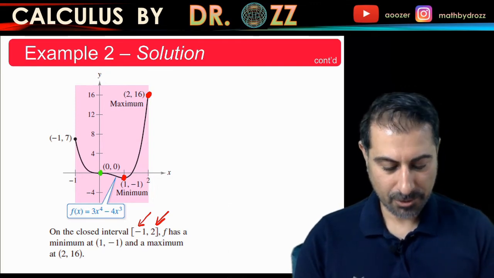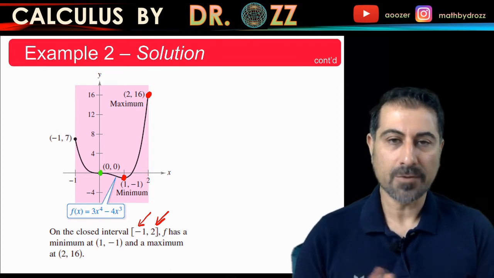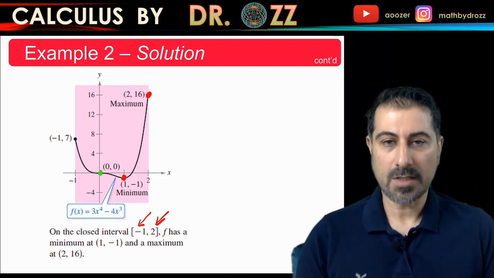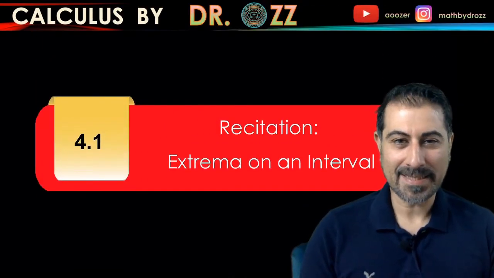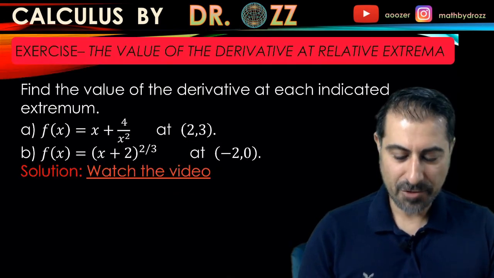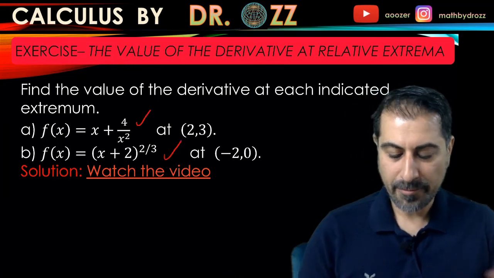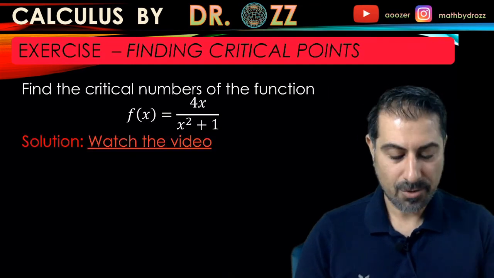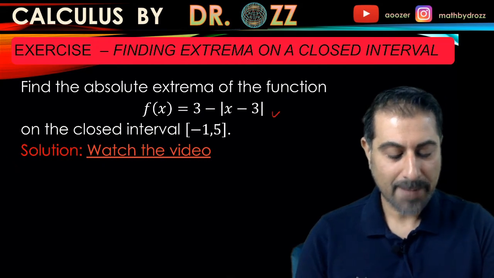So make sure that critical points are very crucial. And for the rest of the chapter, not only for this section, you will see that we're going to use critical points extensively. Now it's the best time to practice the content. We have the recitation videos available for you, and you have lots of cool examples here. As you see, a rational function, a radical type function, and another rational function where you're asked to find the critical points, and finding the extrema of an absolute value type function.